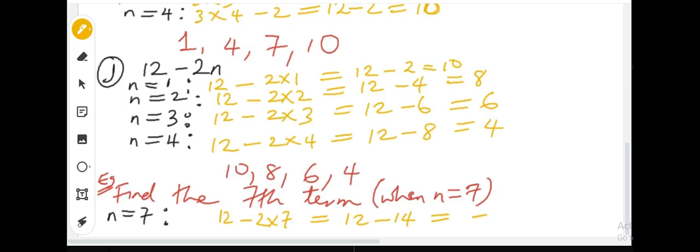That will give us minus 2. So any term, you just substitute that term for n. 7th term means n equals 7. 5th term means n equals 5, and so on.